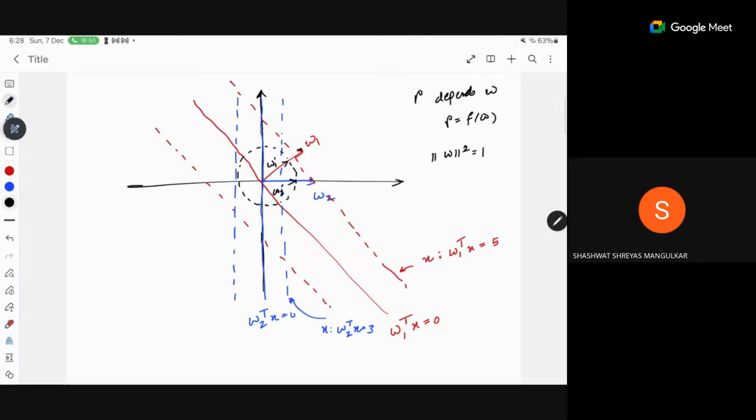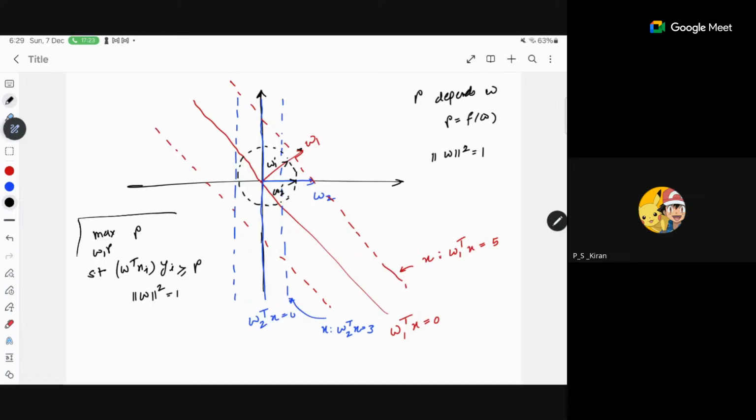But for my problem, what is my objective? I need to find the maximum gamma such that the constraints are W transpose xi yi is greater than or equal to gamma.